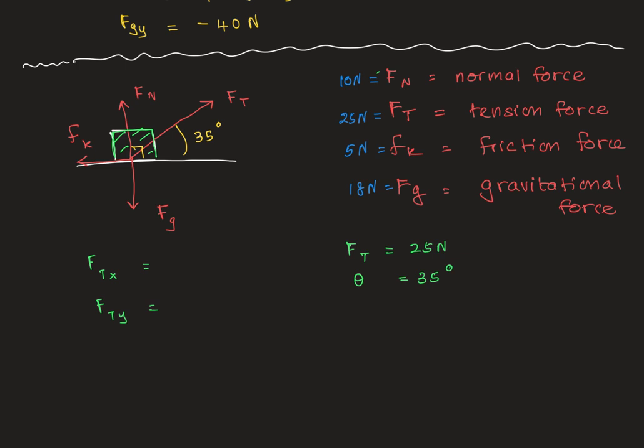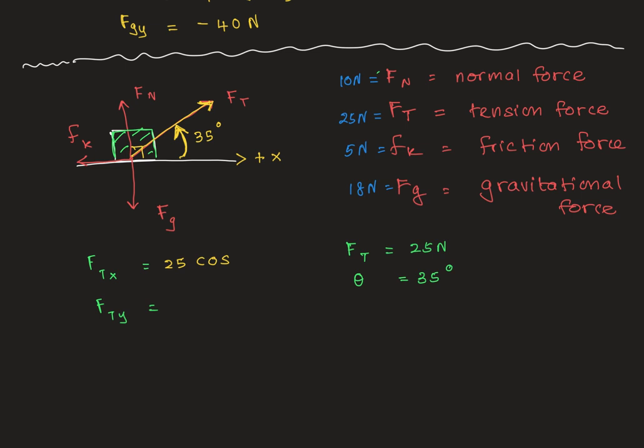First we write the magnitude, which is 25, and then we write cosine, and then we have the angle measured in the counterclockwise direction until it meets the Ft vector. Let me draw this yellow line so that you can see that again. The line was drawn all the way from the positive x-axis until it met the line that represents Ft.